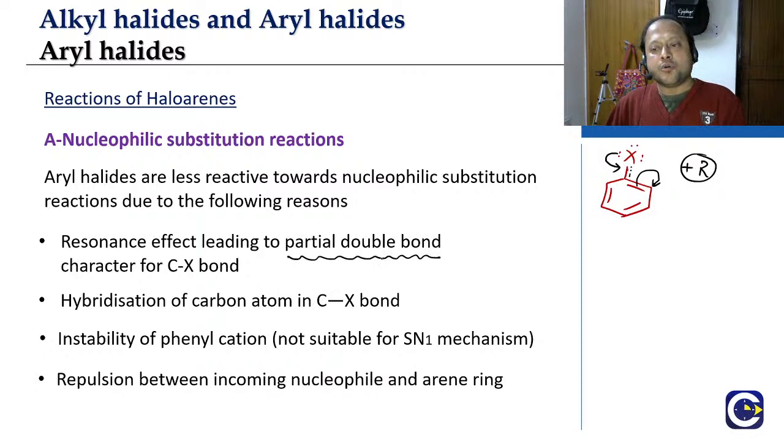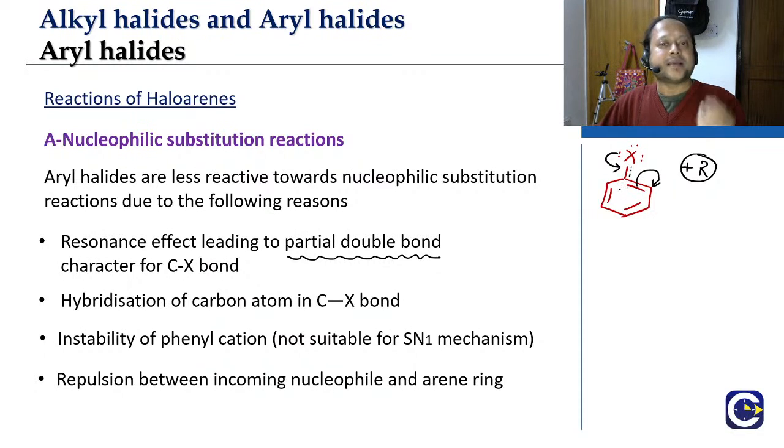It is easier to break a single bond than a partial double bond. So any incoming nucleophile will find it difficult to break this in comparison to the alkyl halide, right?